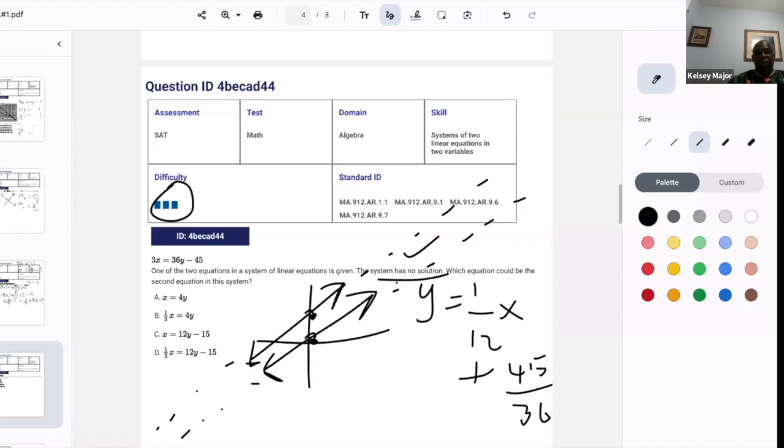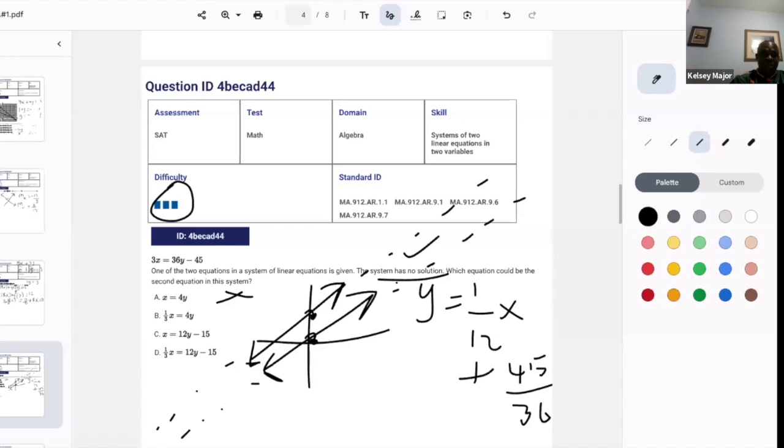Now you can quickly run through the answers. If I look at answer choice A, if I divide 4x by 4, it's going to be 1/4. It's not 1/12. I'm looking for 1/12, right? So this is a no-no. For answer choice B, if I divide by 4 on both sides, that is going to be 1/12.